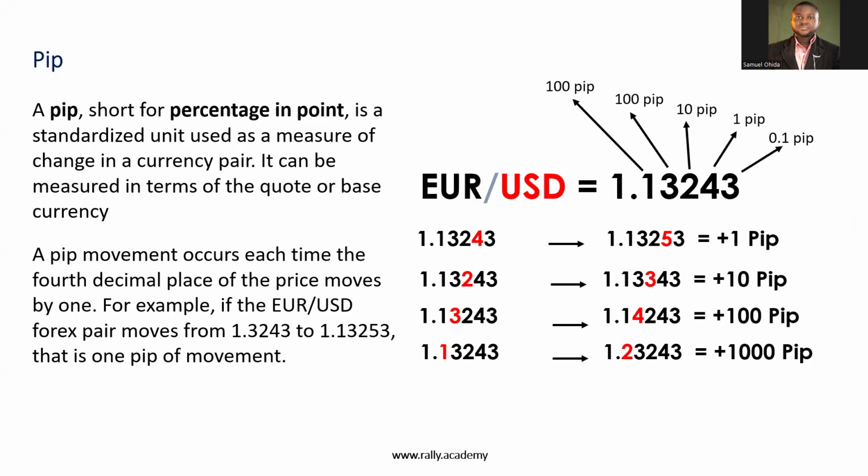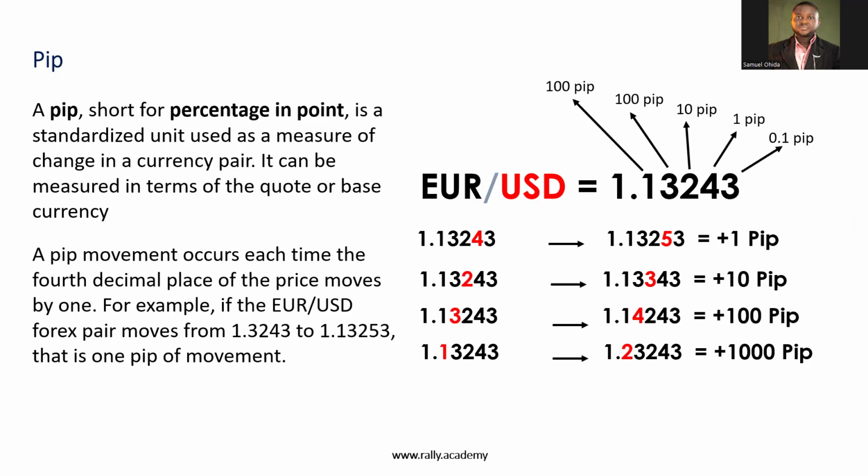The first part is the base currency, which is the euro. Then we have the USD, which is the quote currency. So the base currency appears first, and then the quote currency.